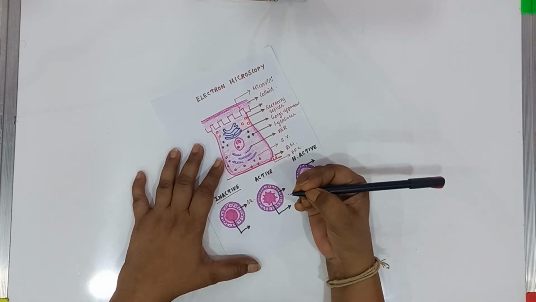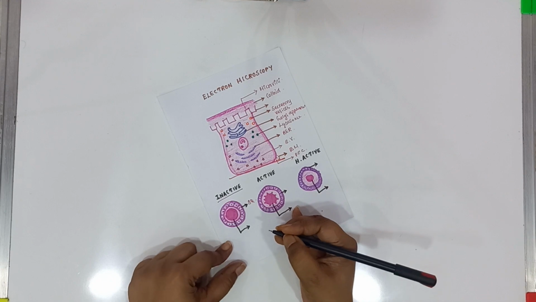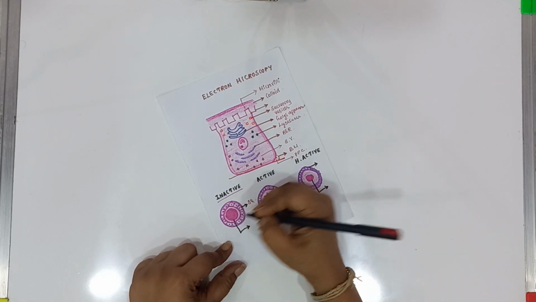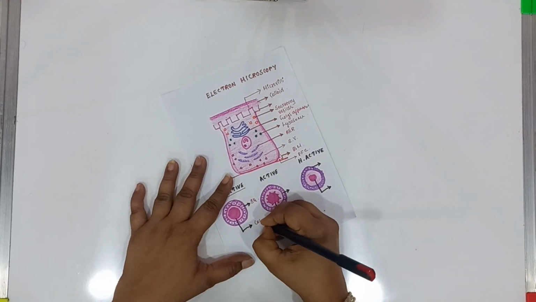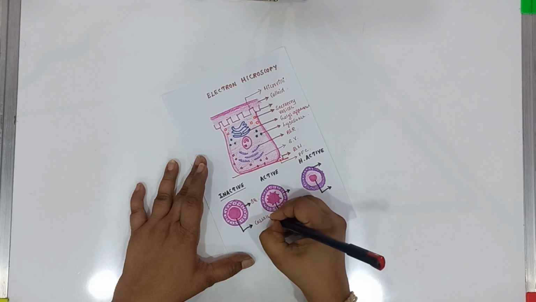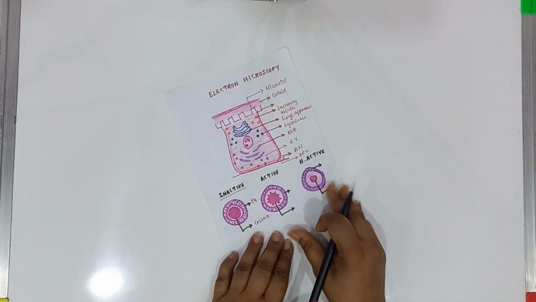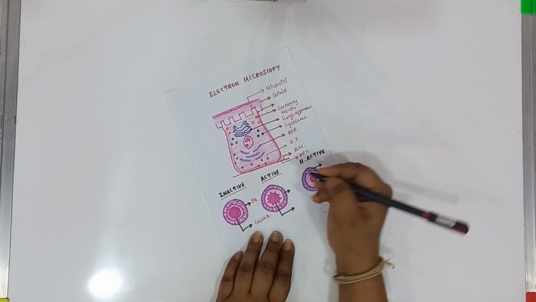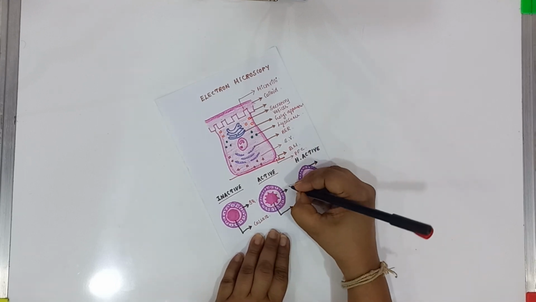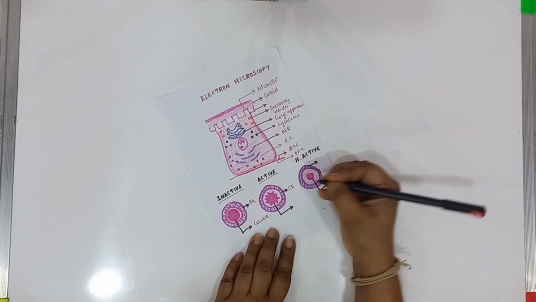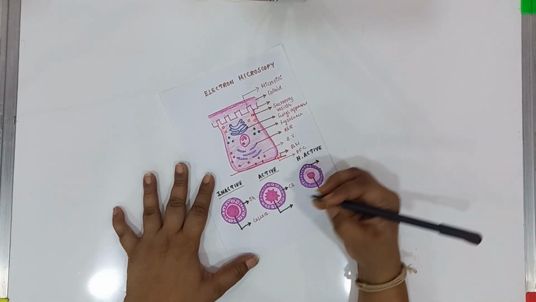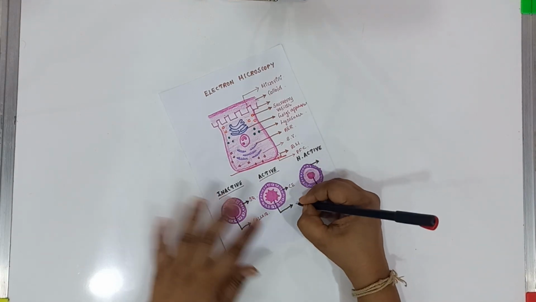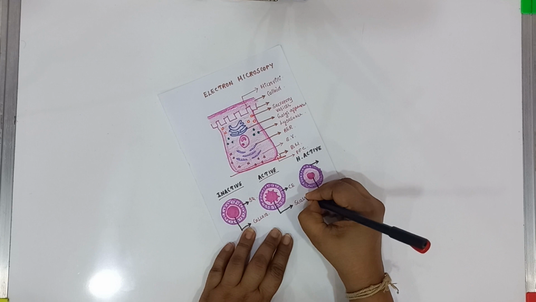Squamous cells are the flattened cells, and the entire parenchyma is filled with the colloid in an inactive gland. In an active thyroid gland, it is lined by the cuboidal epithelium, cuboidal cells, and if you see the colloid, you can see the scalloped colloid.